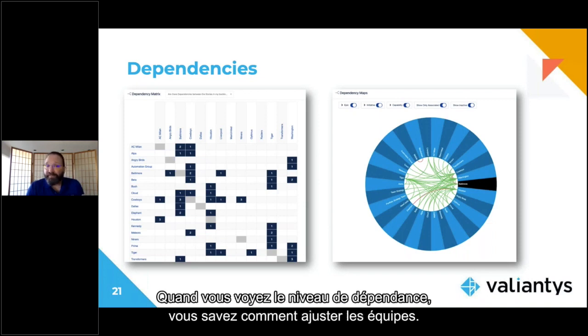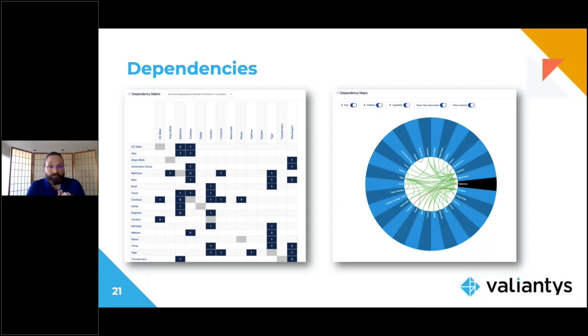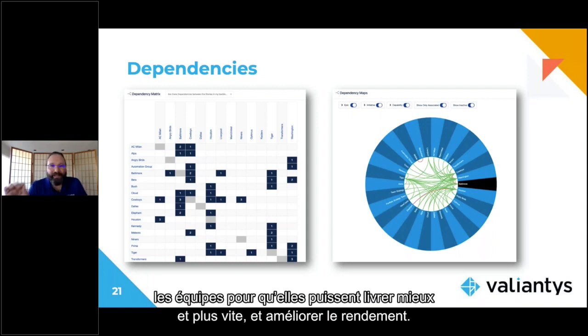Once you see the level of dependencies, you know how to then adjust the teams. And we've seen success with getting started with programs in SAFe and Jira Align, and then say about a few months later, being able to go, hey, wait a minute, we need to restructure these teams a bit so that way they could deliver better and faster and improve throughput.